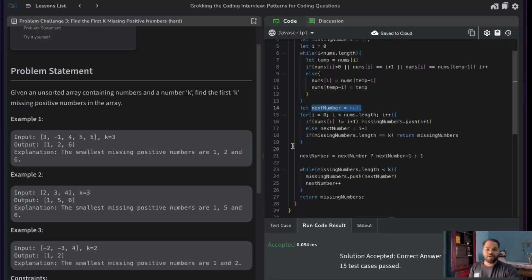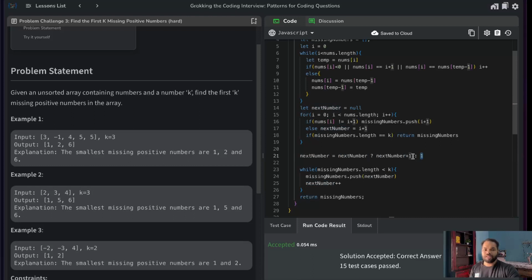So for that, what I'm doing is we have created one variable, next number. If these are not equal, then we are pushing the value, that is the missing number. Else, we are setting the value as the next number because it is present. If the next number is never set, then it will be 1.